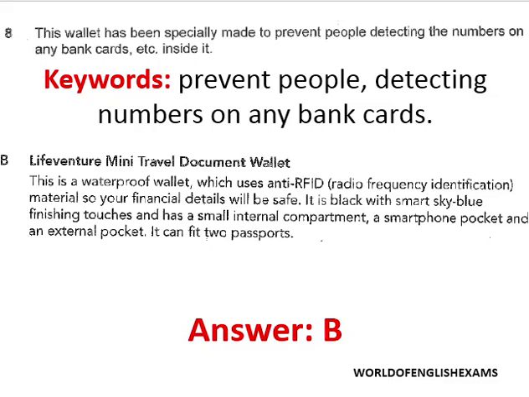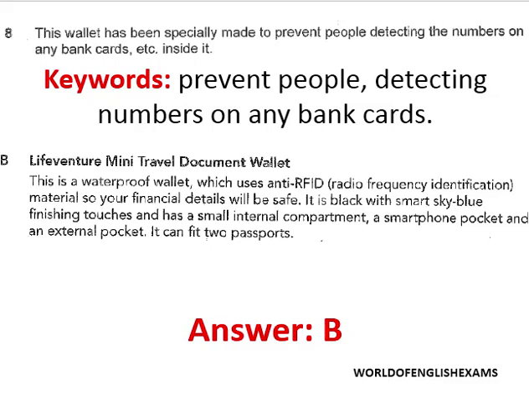This is a waterproof wallet which uses anti-RFID material so that your financial details will be safe. So financial details will be safe is nothing but nobody can see or find the details. So that's why it is specially made up of this material called anti-RFID, that is radio frequency identification. So hence the answer is B.